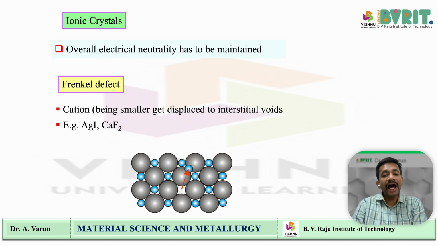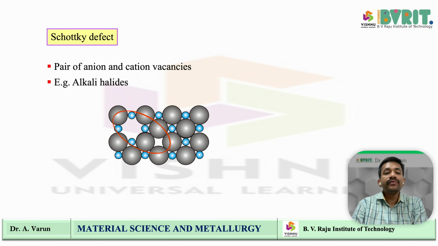This displaced atom will not create any imbalance, and it still lies in equilibrium. Frenkel defect is similar to a vacancy. The only difference is that the atom is not missing entirely; it is shifted from the regular site to somewhere else. This is observed in AgI, CaF2 and others.